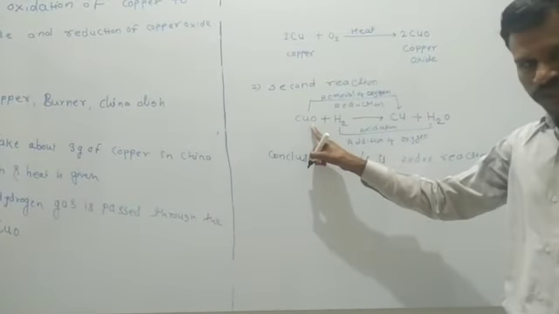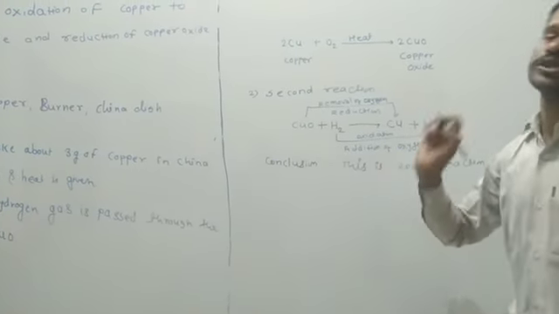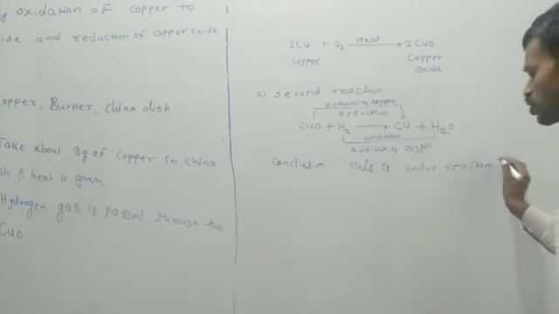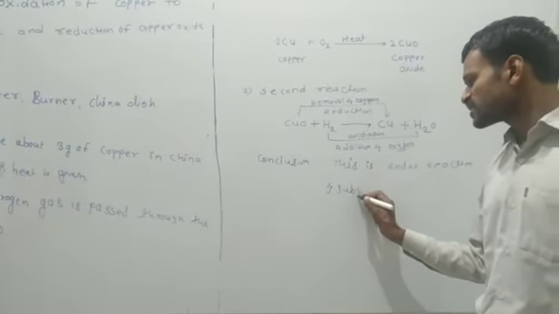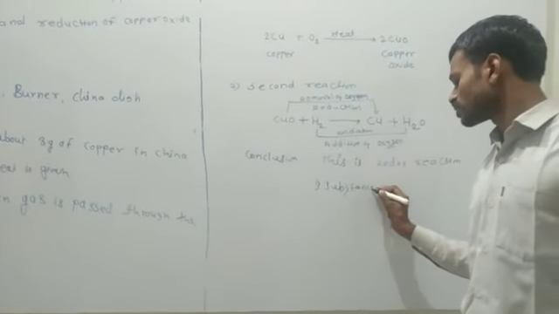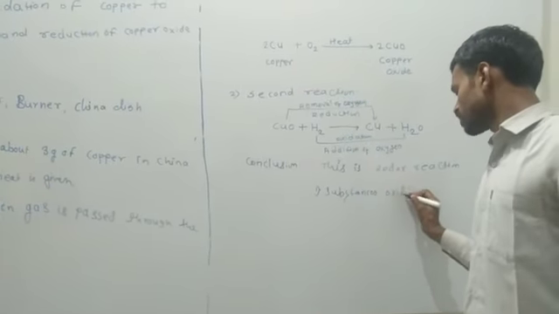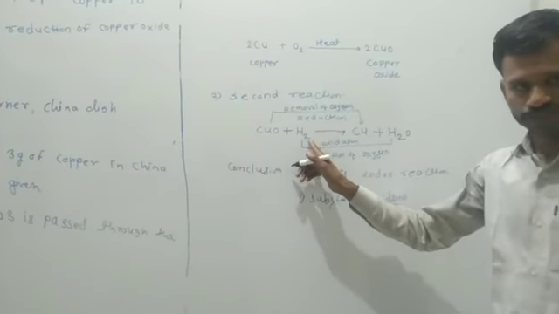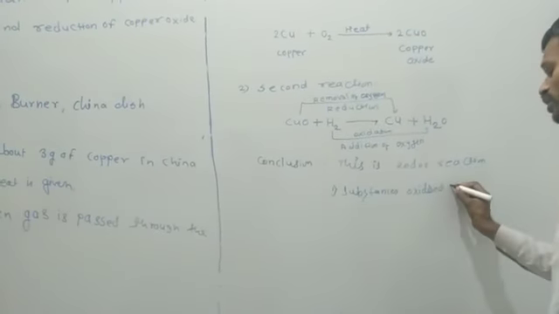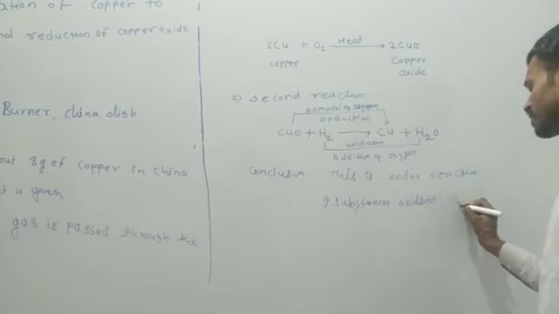It loses oxygen, it gains oxygen. That's why we represent the substance oxidized. Which substance is oxidized? If you observe, H2 takes oxygen, therefore the substance oxidized is H2.